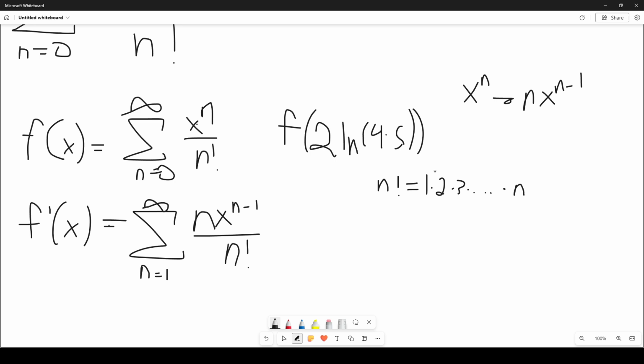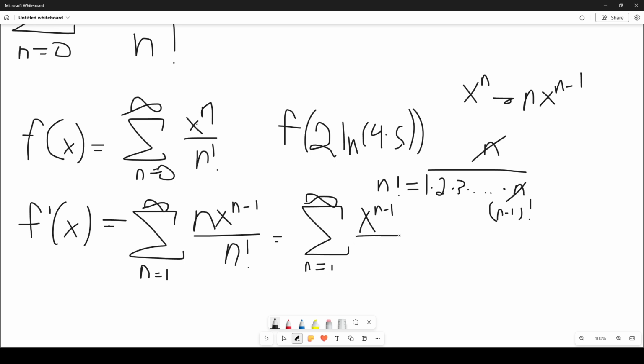So if you have that, n over n factorial, these n's cancel out, and you're left with n minus 1 factorial. So we get that this is the sum from n equals 1 to infinity of x to the n minus 1 over n minus 1 factorial. Okay?